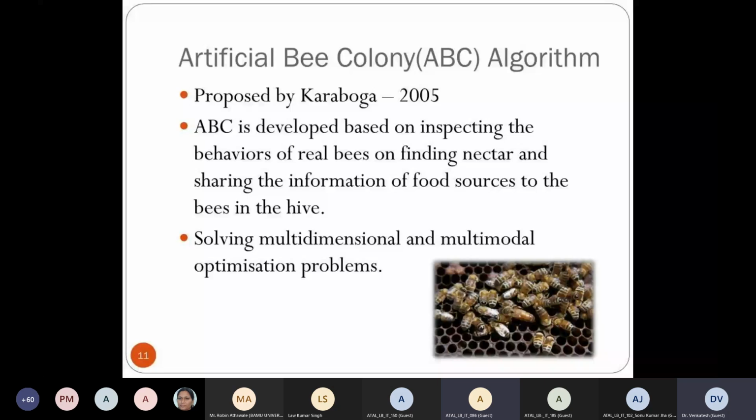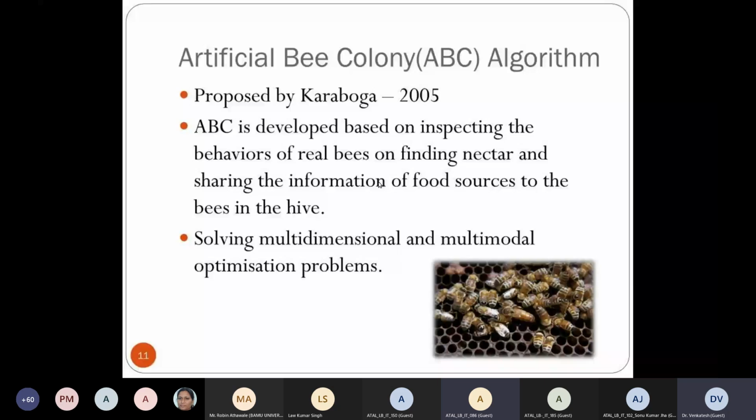So this is where bio-inspired techniques or swarm intelligence techniques come in, and one of them is the artificial bee colony algorithm. For solving any kind of NP-hard problem, we will not have any choice except using these techniques, either swarm inspired or bio inspired.